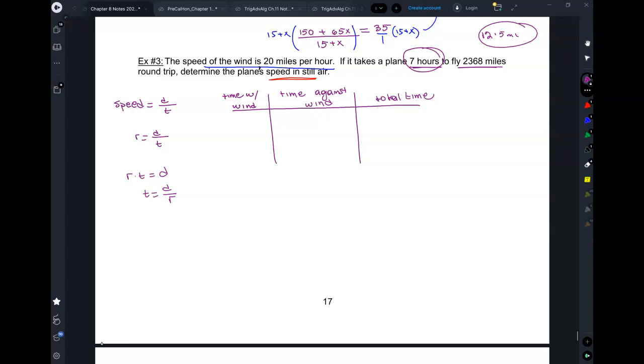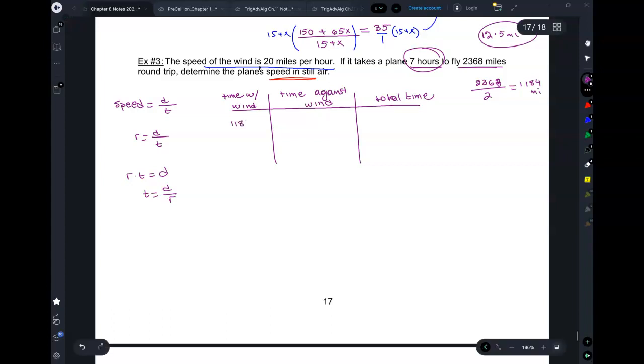How much is the distance halfway against the wind and with the wind? How much is each of the distances? So 2,368 divided by 2. It's 1,184 miles each way. So we need distance over the speed, okay?